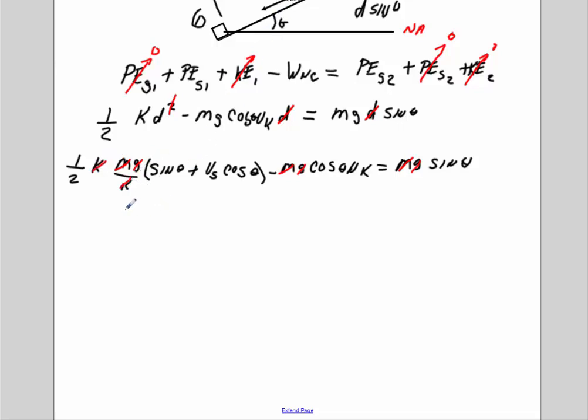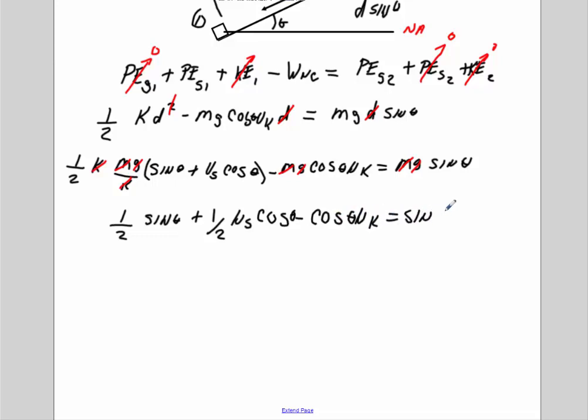So now we're down to 1/2 the sine of theta plus 1/2 mu of s cosine theta minus, forget the theta, sorry about that, minus cosine of theta mu of k is equal to the sine of theta.